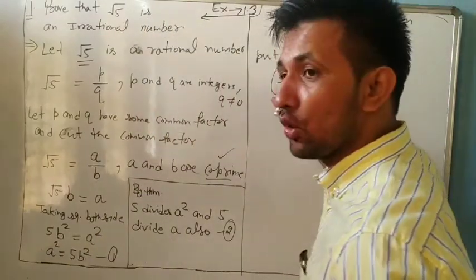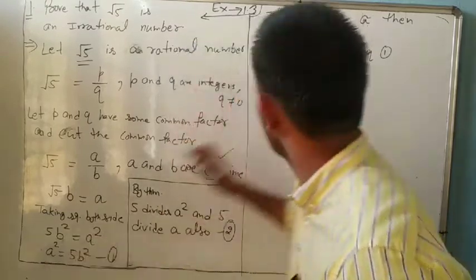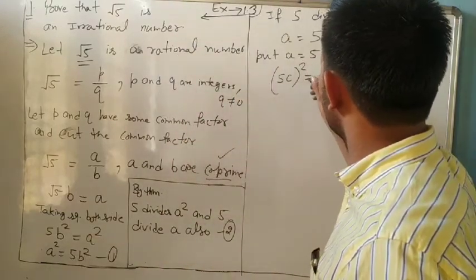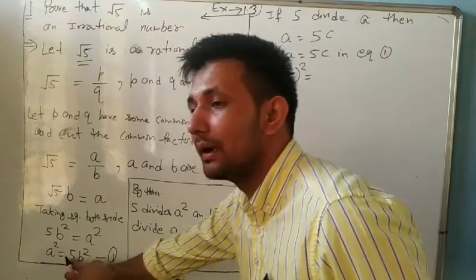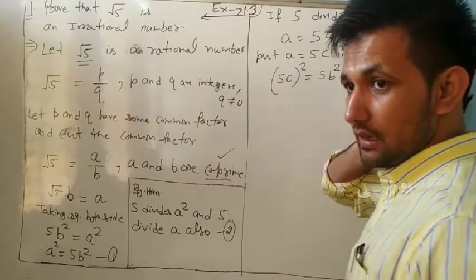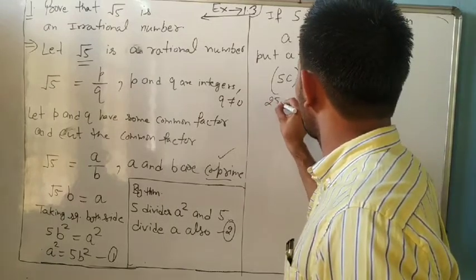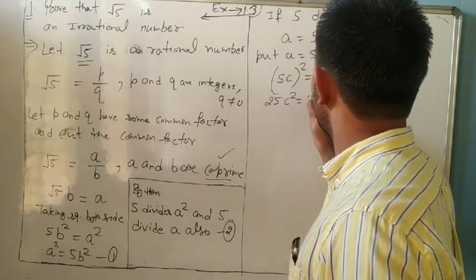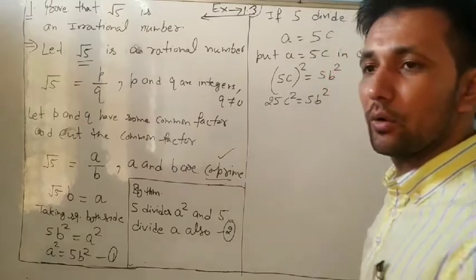In place of a, 5c, and it's squared. Look at, 5c squared equals 5b square. Understand? 5 squared is 25, c square. It is 5b square. Okay?